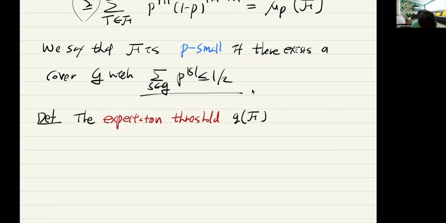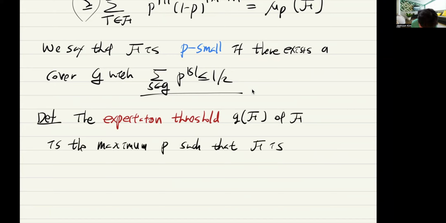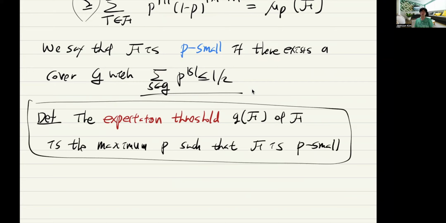So q of F is the expectation threshold of this increasing family F. It is the maximum P such that F is P-small. So out of all possible covers, you choose the best one and then see what P you get. So you can get the lower bound on your threshold for each cover. Then you choose the cover that gives you the best lower bound. And what would be the lower bound you get?